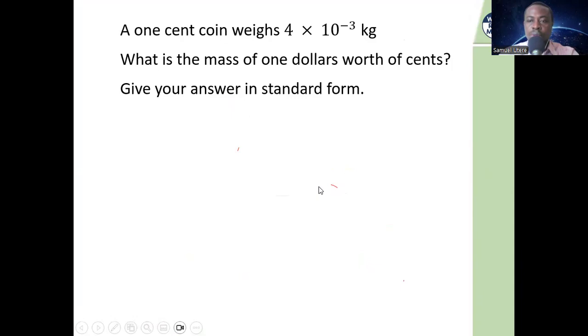We're going to make use of the fact that there are 100 cents in $1. So if there are 100 cents in $1, to know the mass of 100 coins, we're going to multiply this number by 100.